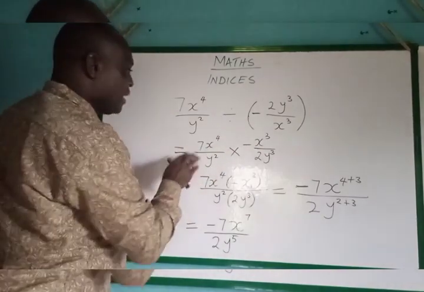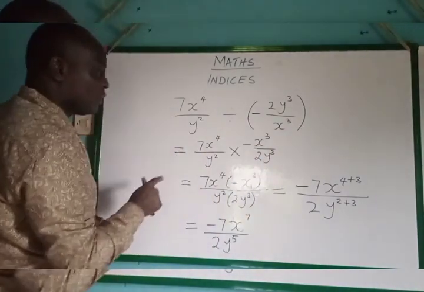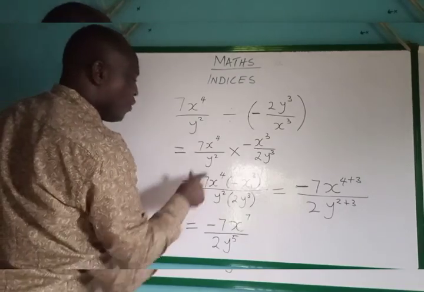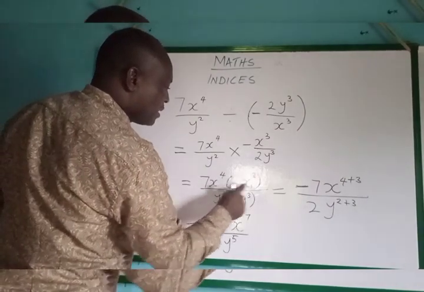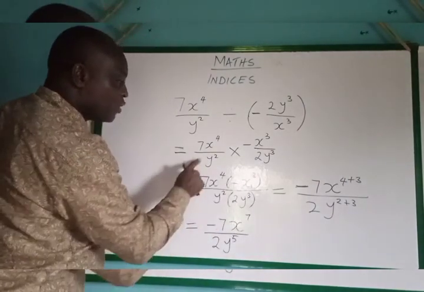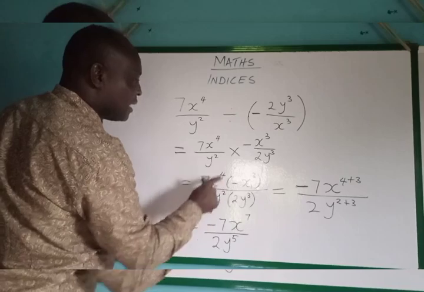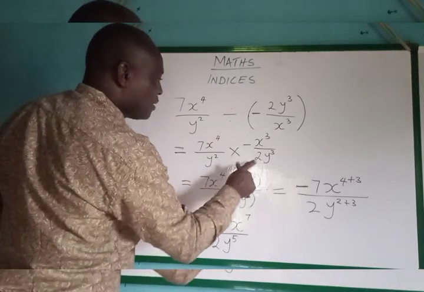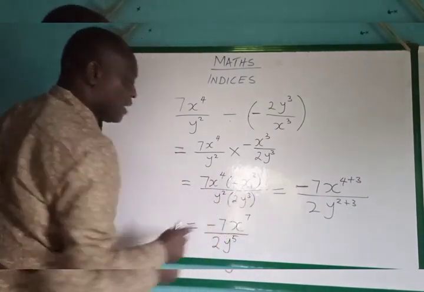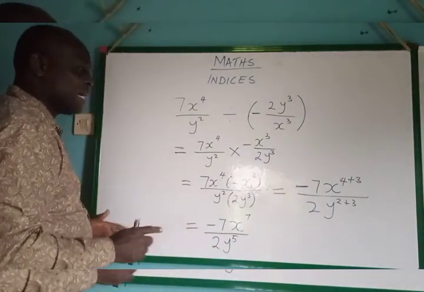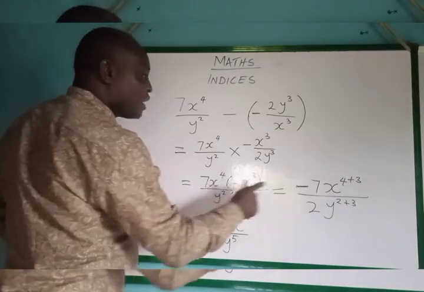Now we have that. So let us take the numerator. The numerator is 7x raised to the power 4, which is this, times minus x raised to the power 3, which is this. Come to the denominator, y raised to the power 2, times 2y raised to the power 3, that is what we have here. Now, since we have gotten that, look at the ordinary number, we just transfer it down here.